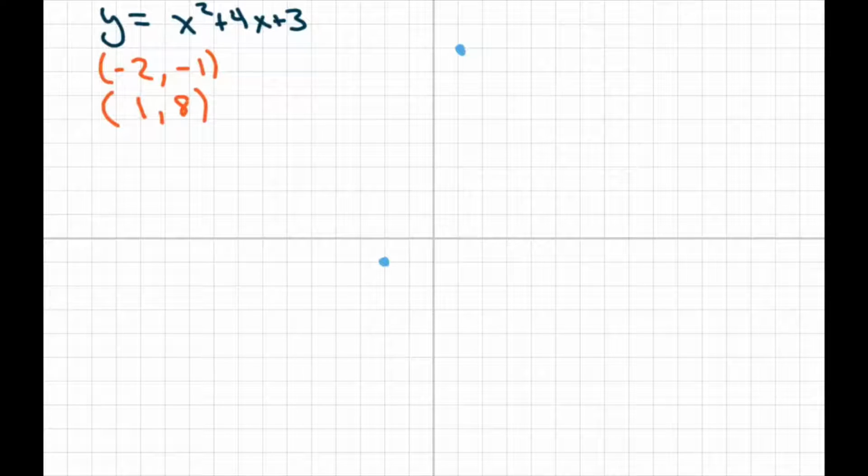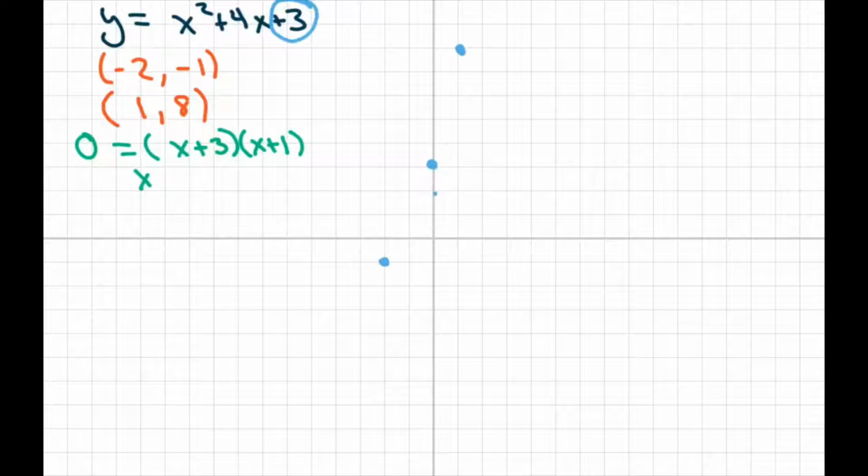All right, and now my y-intercept is 3. So I'm going to go up there, 1, 2, 3. It's your y-intercept. Now get your x-intercepts. I set y to 0 and factor this. It's going to be x plus 3, x plus 1. So we get x equals -3 and x equals -1.